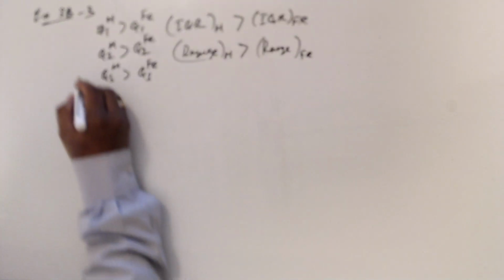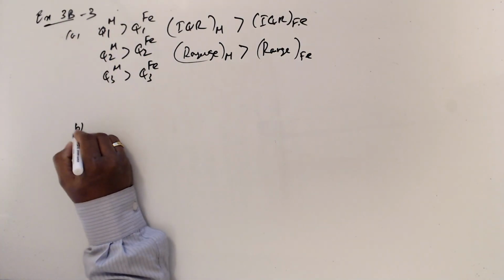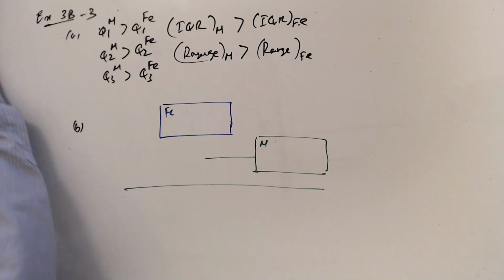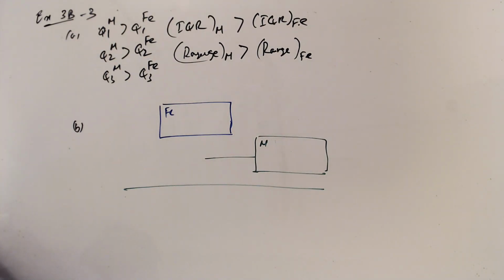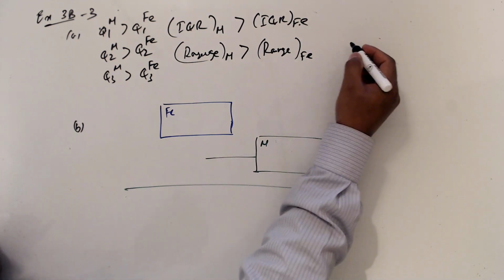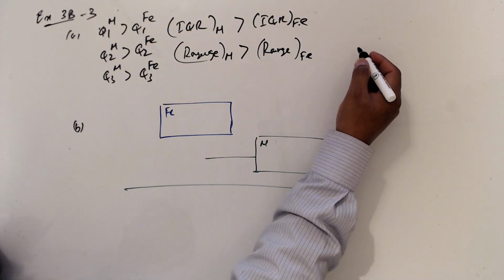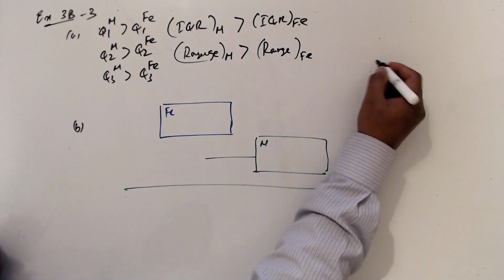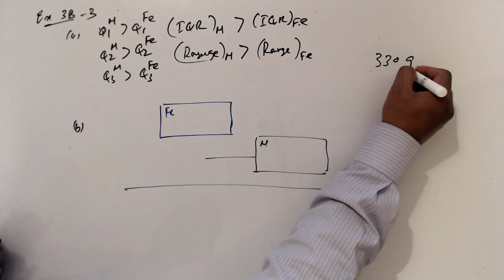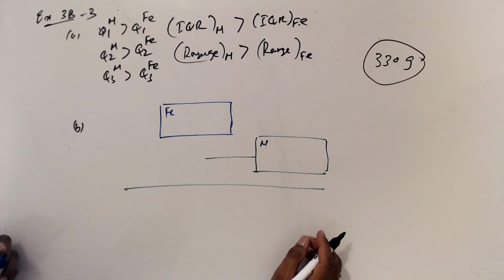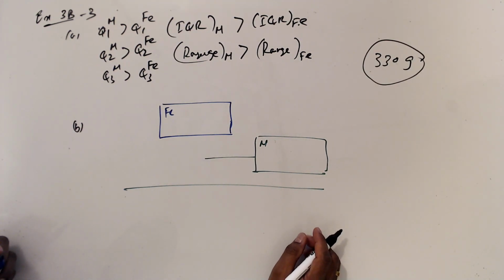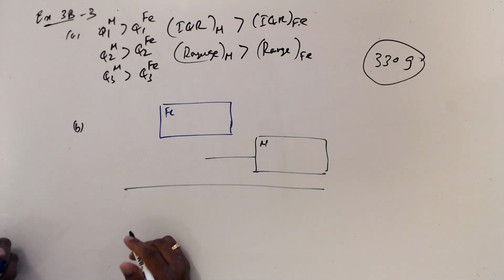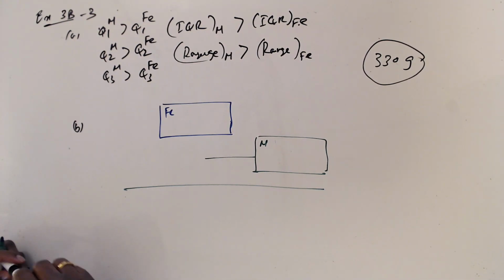And part B. That's a good question. If a turtle was found to have a mass of 330, so a turtle was found, the weight is 330 grams, whether it is male or female, what is the possibility?